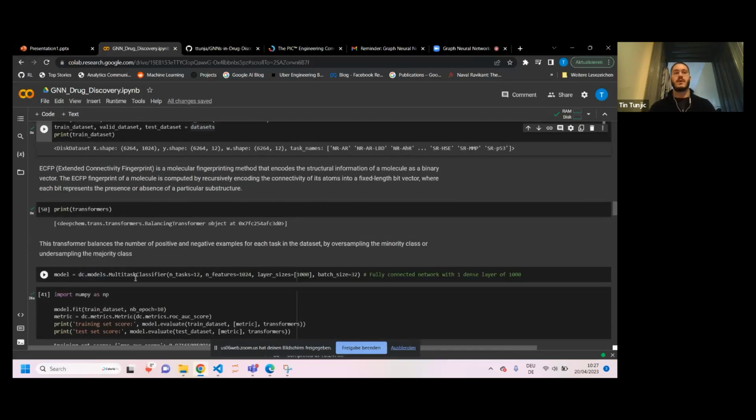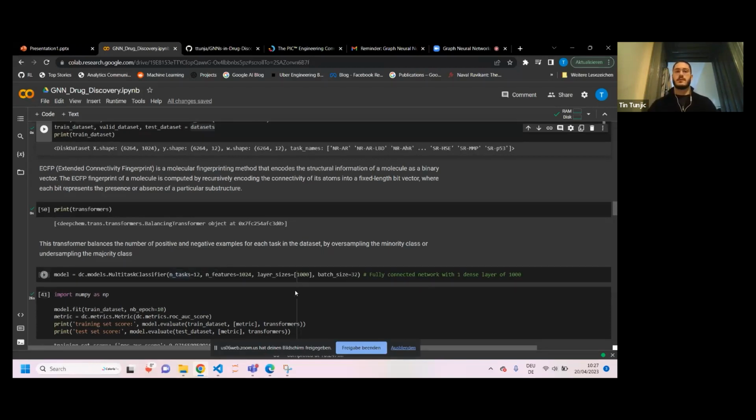And how we specify this model is just by specifying DeepChem models and then the multitask classifier. As I already said, we have 12 tasks, 12 assays. The number of features is 1024, and the layer size is one dense layer of 1000 nodes, and we have a batch size of 32.